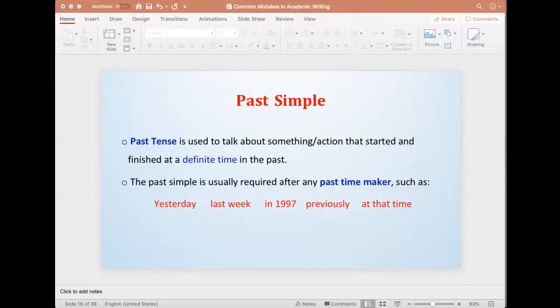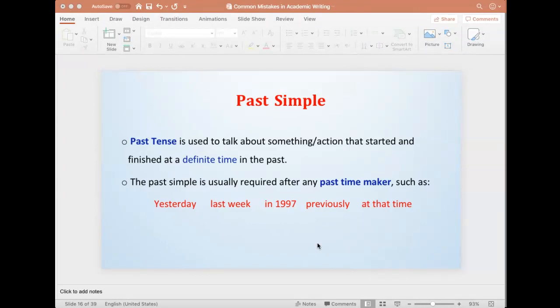For example, when I say, I watched a movie last night. So this means that the movie has already ended and I've already watched it, and we have nothing to do in the present with that. So this is what we call the past simple. Okay, to talk about an action that happened and ended at a specific time in the past.